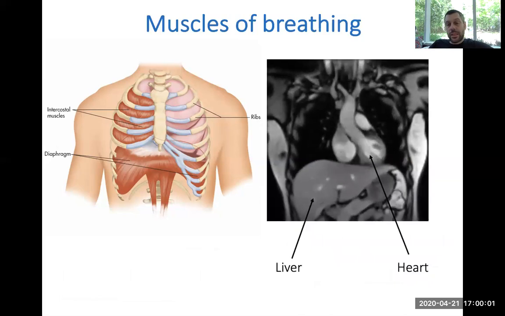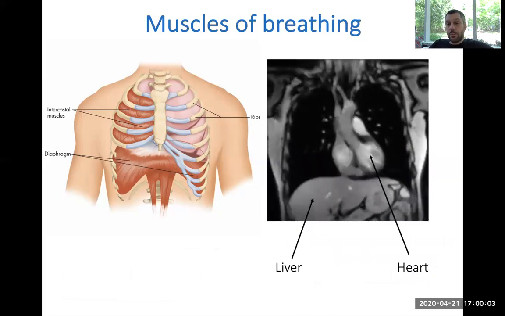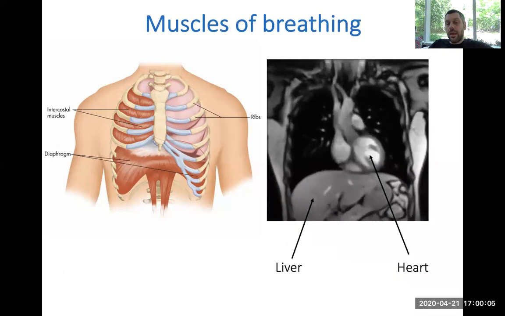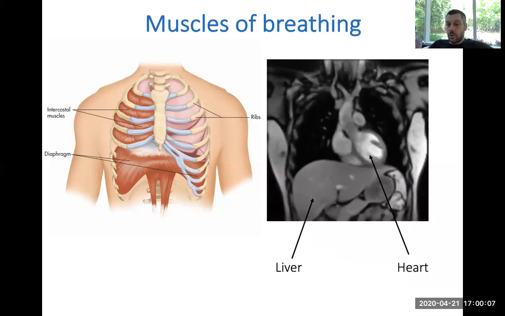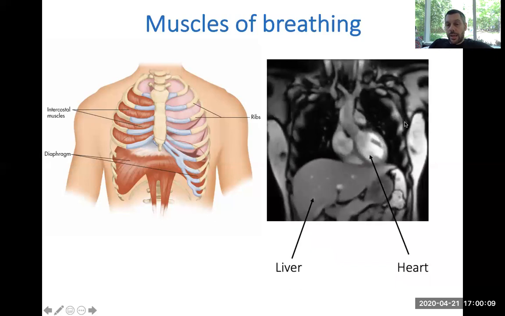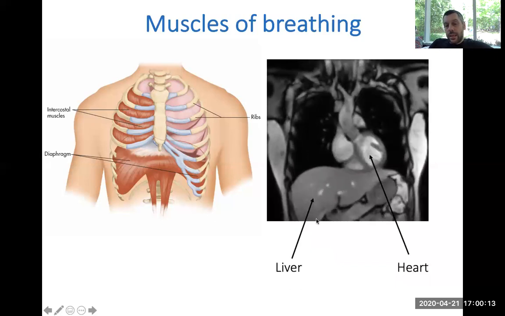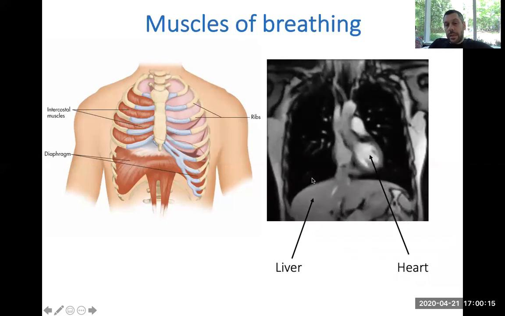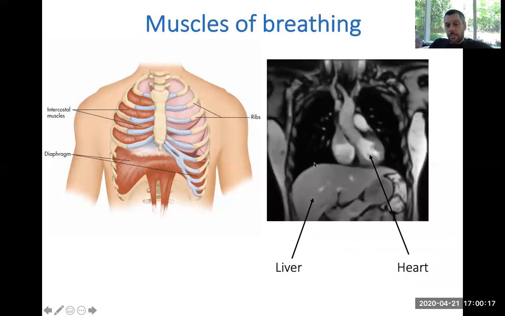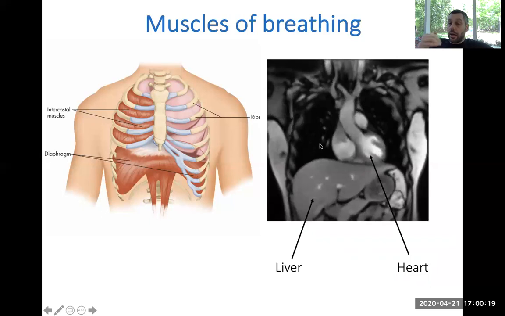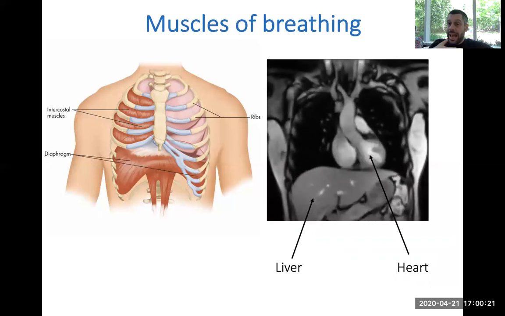If you look at this real image of a human being taking a deep breath, you actually see how much your internal organs move around. The heart is in the middle here. You can see it beating. But right here, you can see the liver. And you can see when this person takes a deep breath in, they are contracting that diaphragm, which is flattening out.